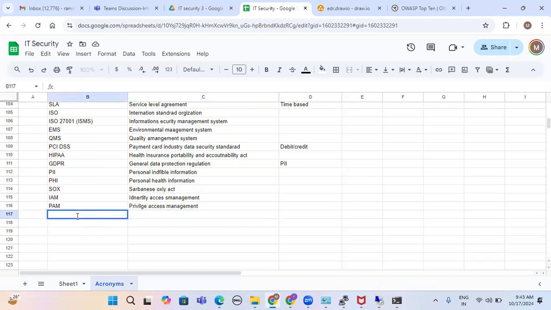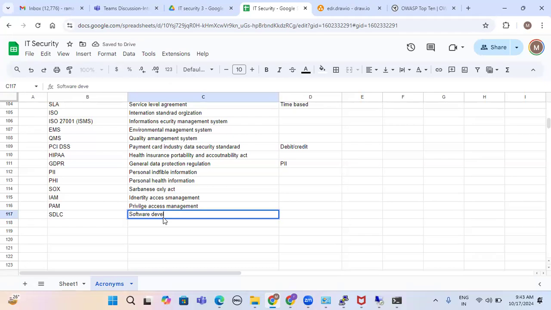Next one is the SDLC life cycle, the software development life cycle. Whenever you want to develop any product or any mobile or OT or IoT device or even an application, the respective developers can use a process called the software development life cycle.